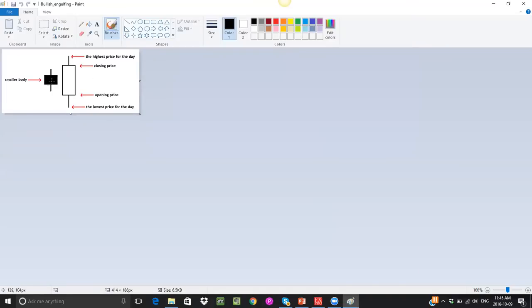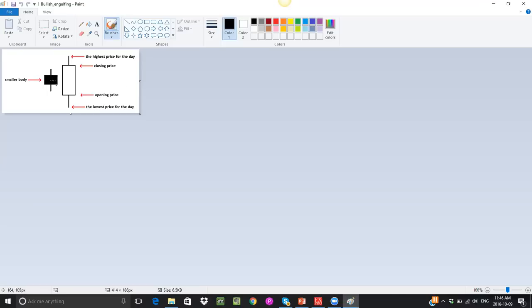So the bullish engulfing candle looks like this. We have a large bullish candle. So price opened here, closed at the top, and it overtakes the small candle to the left of that. So basically, if you were to put this white candle on top of this black candle, it will completely engulf it. If you were to overlay them, you won't even be able to see the small black candle.